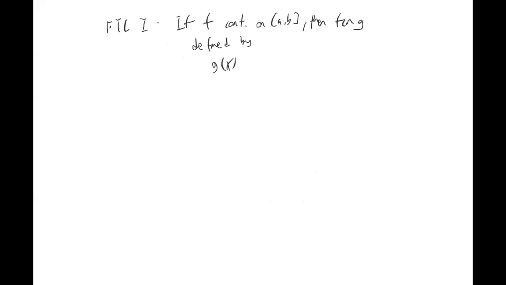That's basically what FTC1 is. FTC1 says just that, but formally. FTC part one: if f is continuous on [a,b], then the function g defined by g of x equals integral a to x of f of t dt is continuous on [a,b] and differentiable, right?